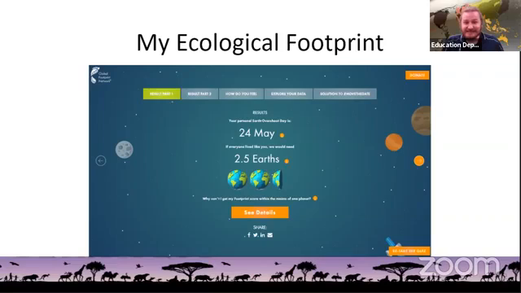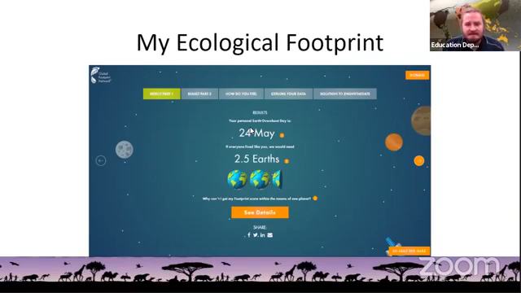So that's an unfortunate realization because obviously there aren't extra planet Earths around that we can just go to. So that's a signal that I personally need to start living more sustainably and minimizing my ecological footprint. Another way of thinking about it, you can see here it says 24 May, and that's my overshoot date.